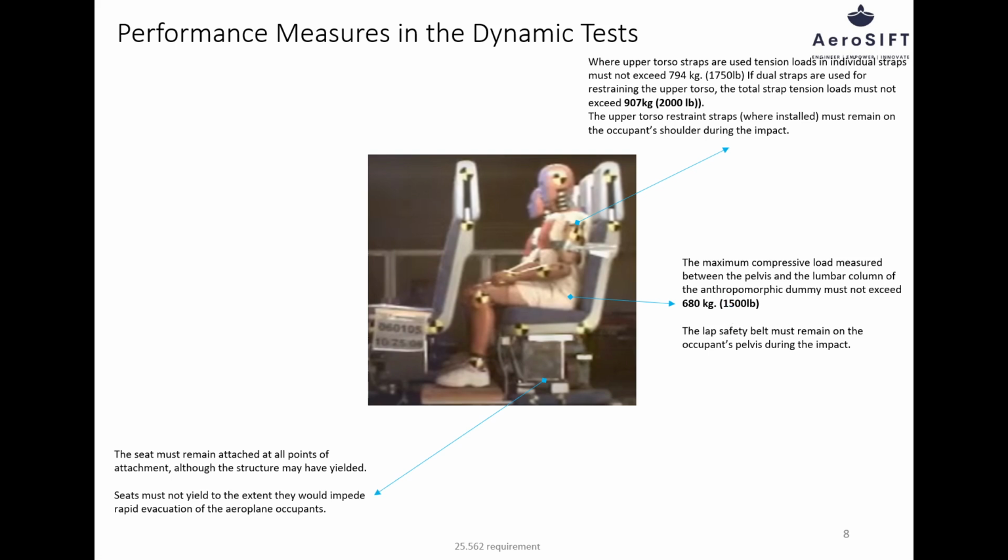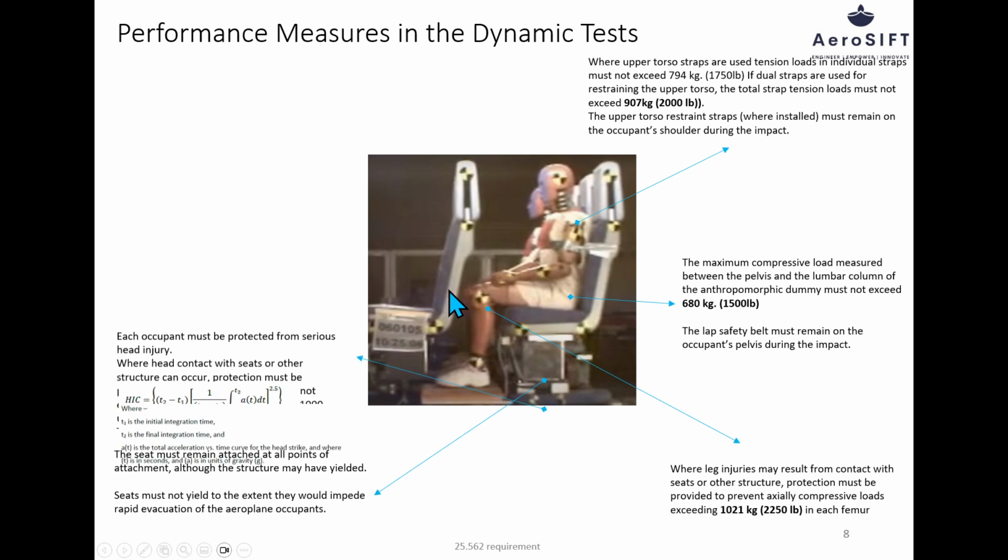The next requirement is the lap safety. So the belt must remain on the occupant's pelvis during the impact. The maximum compressive load between the pelvis and the lumbar column of the dummy must not exceed 680 kilograms. Where leg injuries may result from contact with the seats and other structures, protection must be provided to prevent axially compressive loads exceeding 1021 kilograms in each femur.